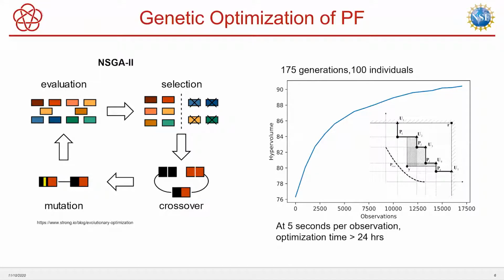Now, this is generally done in a massively parallelized sense, where you have independent computational processors evaluating the fitness of each individual in parallel. And so, for example, we can have 100 individuals, and we improve the population over 175 generations in order to maximize the Pareto front hypervolume in a computational simulation of the photoinjector problem that we had before.